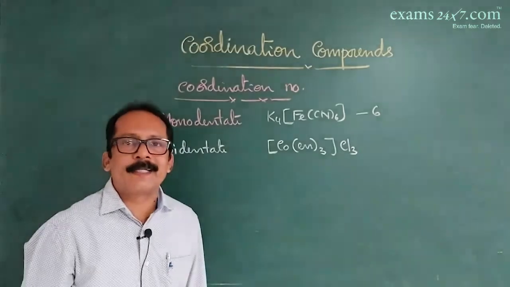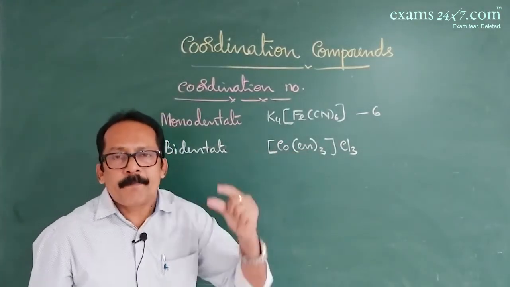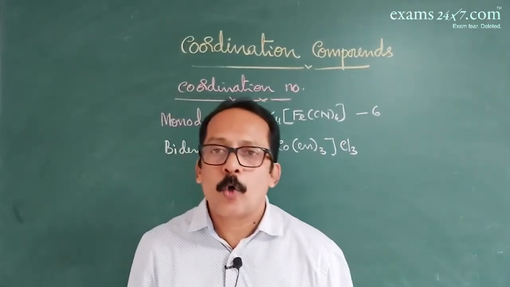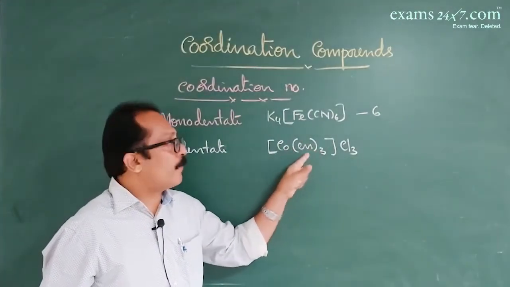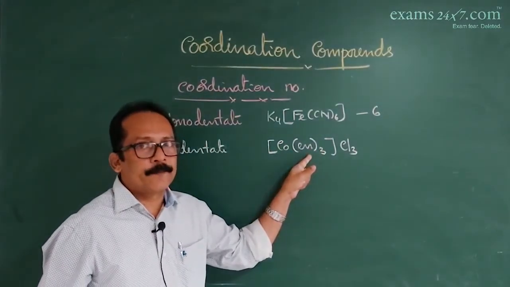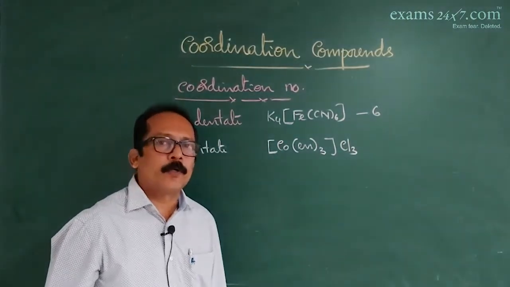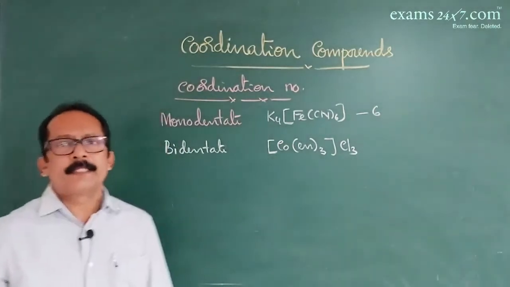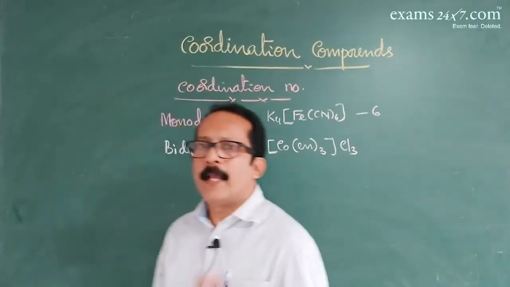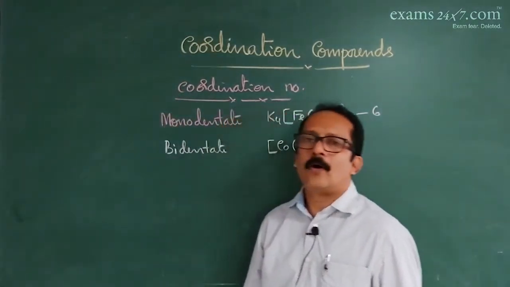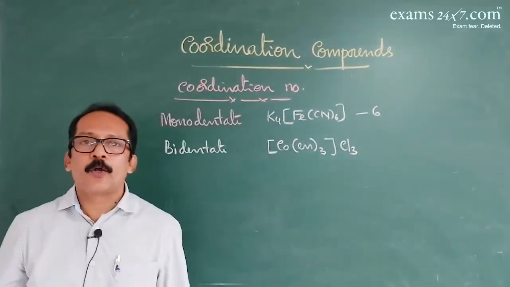En stands for ethylene diamine. This is an example for bidentate. In bidentate, per ligand there are 2 coordinate bonds. So there are 3 bidentate ligands. Number of coordinate bonds equals 6. Coordination number is equal to 6. So coordination number is defined as the number of coordinate bonds formed by the ligands around the central metal atom or metal ion.